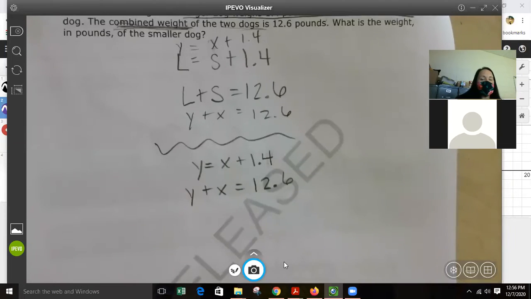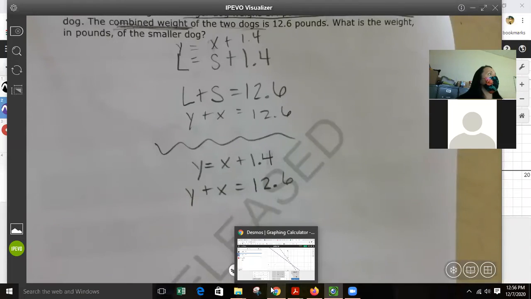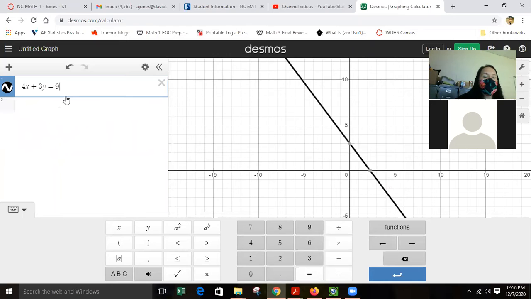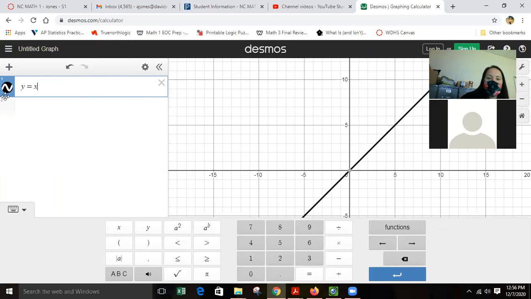I'm going to switch back to Desmos in just a second. Okay. Is everybody good? I'm going to switch back to Desmos. Then I'm going to take all these off because I don't need them. And I'm going to put my first equation, Y equals X plus 1.4.